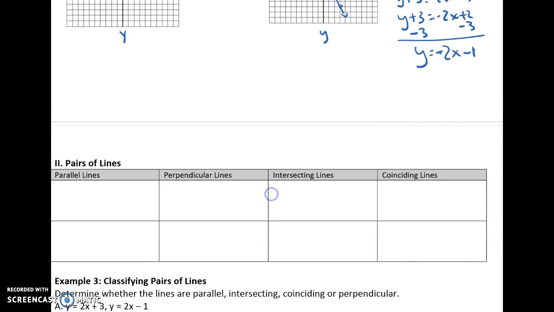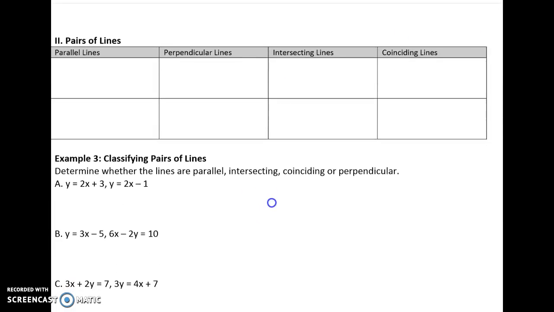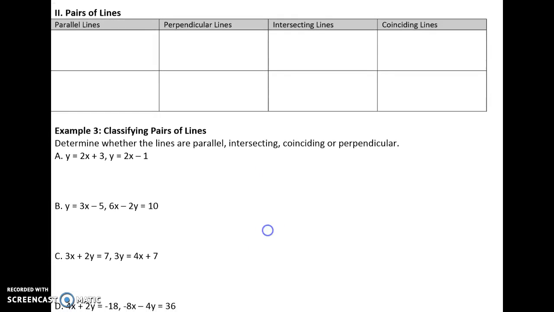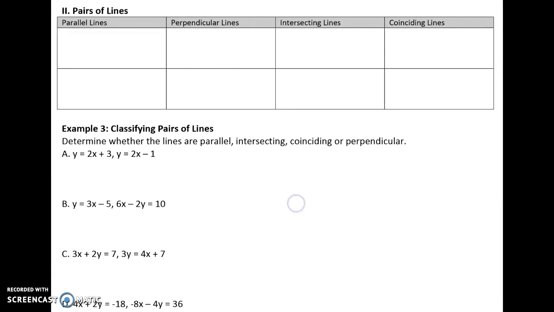And then let's talk about different pairs of lines. So we have 4 types of lines that I want you to be able to identify, either based on graphs or based on their equations. Parallel lines. Hopefully you all remember what parallel lines are. Parallel lines are, for example, y equals 3x minus 7, and y minus 2 equals 3 times x plus 1.